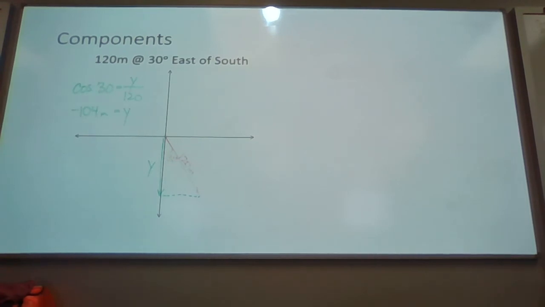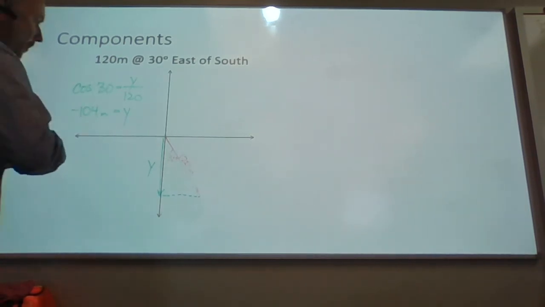Now, we can have a similar conversation about going eastward. Was I moving it all in the eastward direction? Was all of my motion eastward? Nope. Was some of it? Yep. How much?